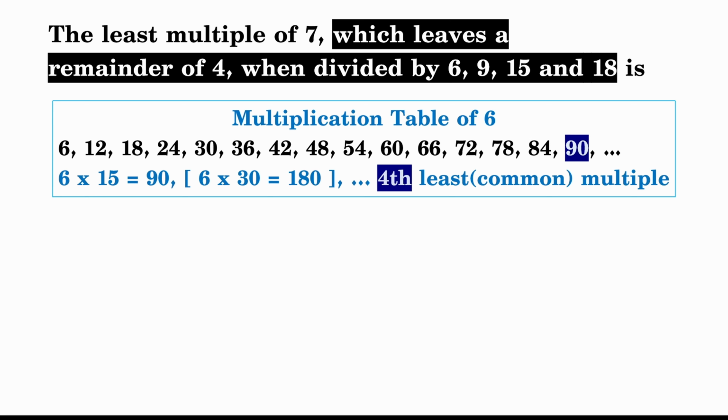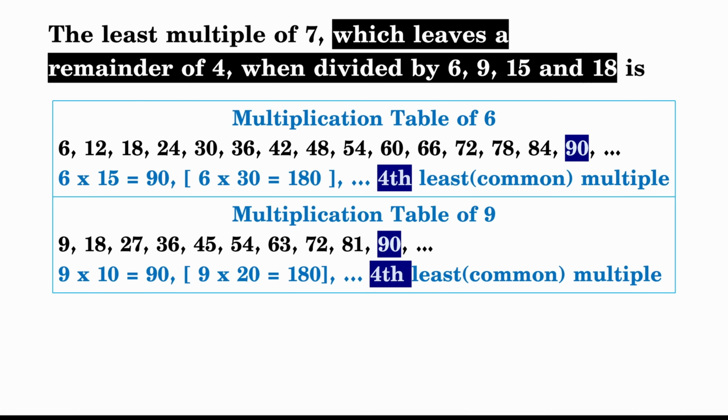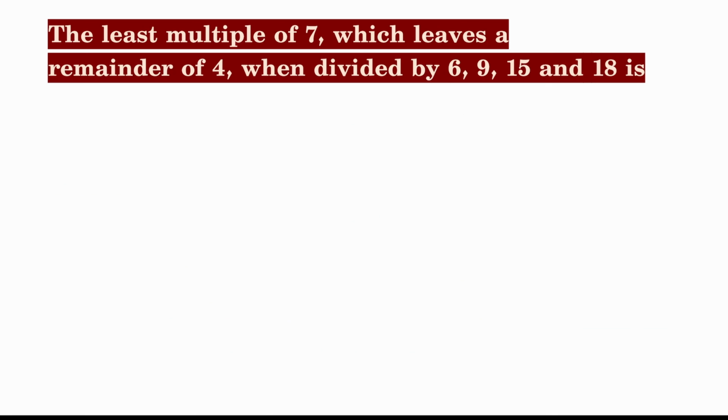The second multiple is 6 times 30 equals 180. But the fourth is the least common multiple, which gives me 360 plus the remainder. And the 9 table would be 9 times 10 equals 90, which we know doesn't work. The second multiple, 9 times 20, equals 180. The fourth, the least common multiple, worked, and so on and so forth.